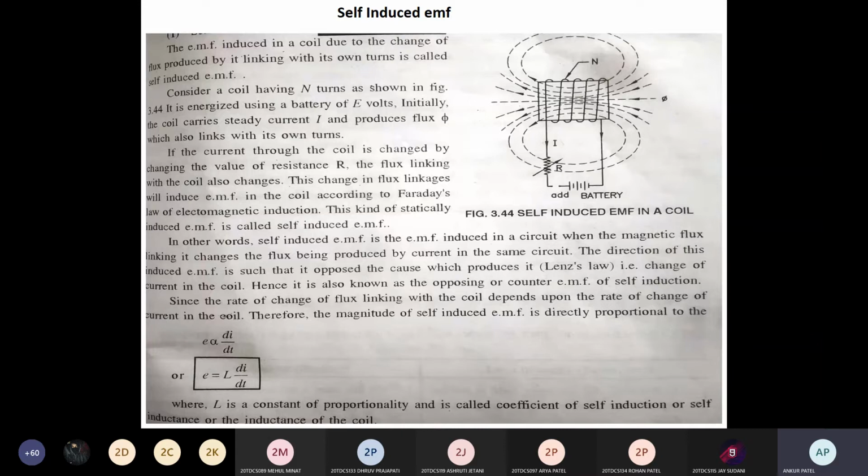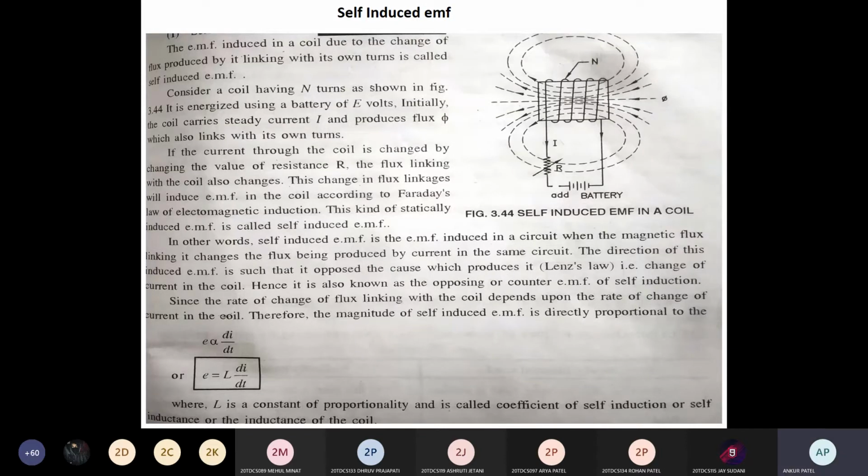Since the rate of change of flux linking with the coil depends upon the rate of change of current in the coil, the magnitude of self-induced EMF is directly proportional to di by dt. Removing this proportionality, L is the proportionality constant, called the coefficient of self-inductance, or self-inductance of the coil.